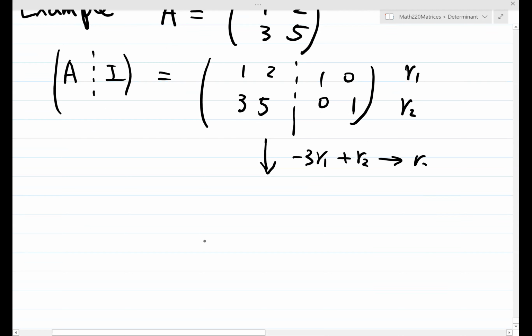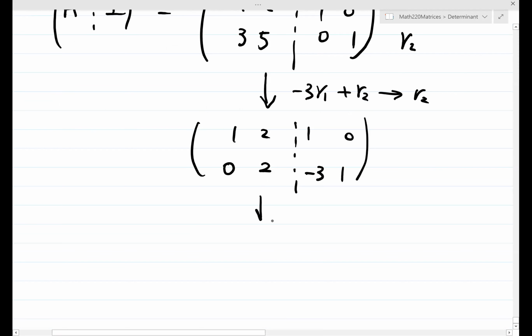So this will be 1, 2, 1, 0, and add a -3 multiple of row 1, so this will be 0, -1.